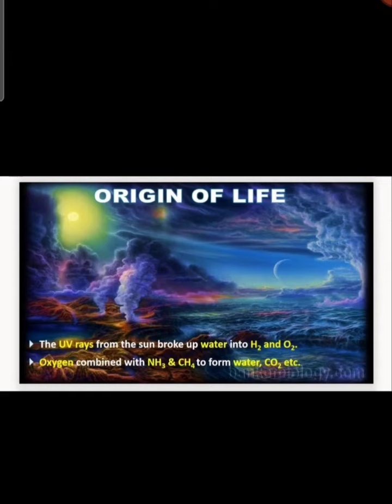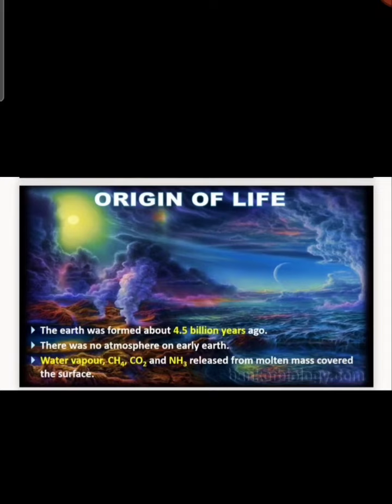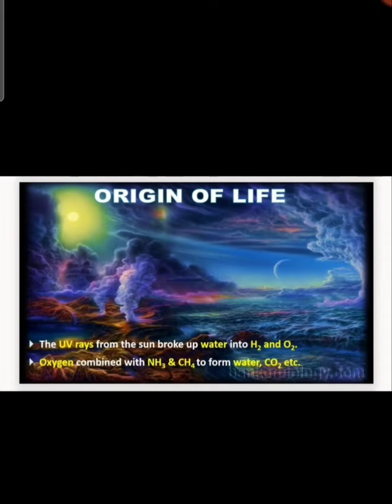The UV rays from the sun broke up water into hydrogen and oxygen. The oxygen again combined with ammonia and methane to form water and carbon dioxide. So first only water vapor, methane, carbon dioxide and ammonia were there.